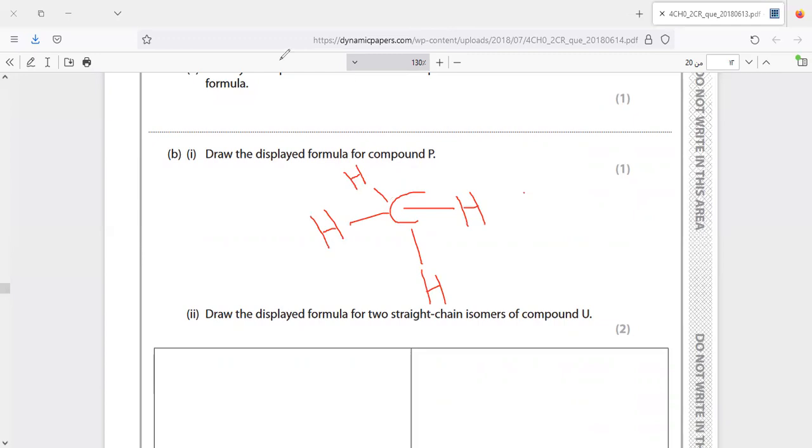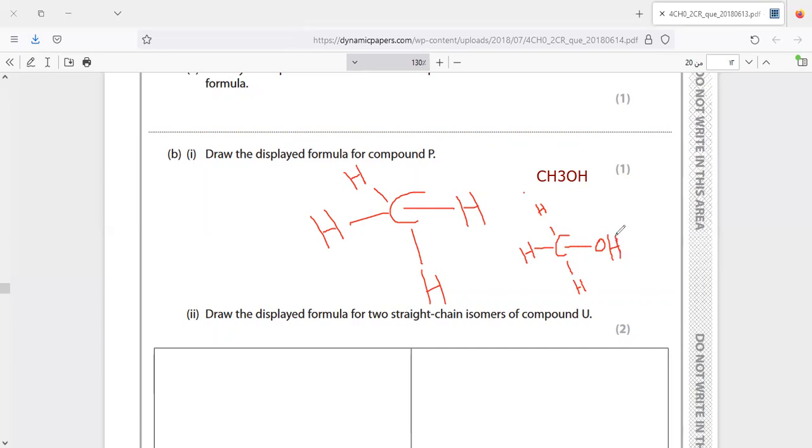Sometimes in CH3OH, if I need to draw the displayed formula for this compound, and I did it like that, H, and here OH. Is it correct or not correct? No, it's wrong.